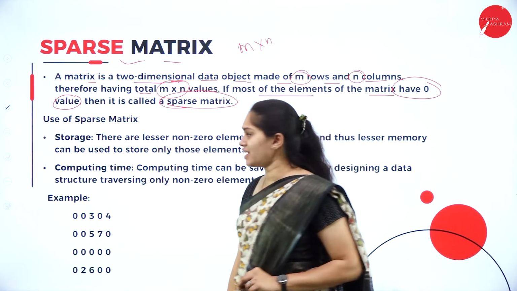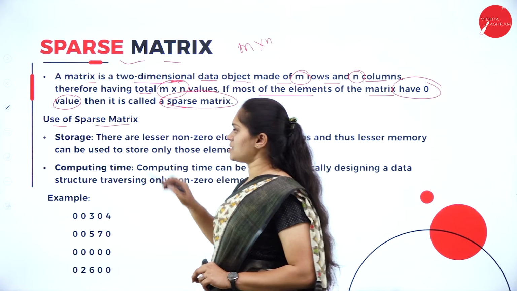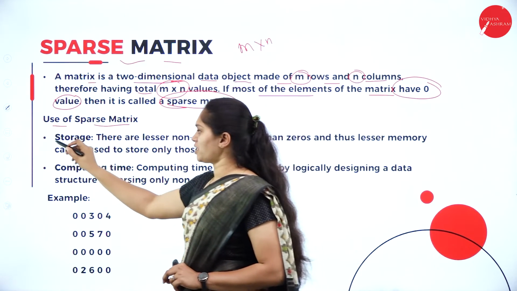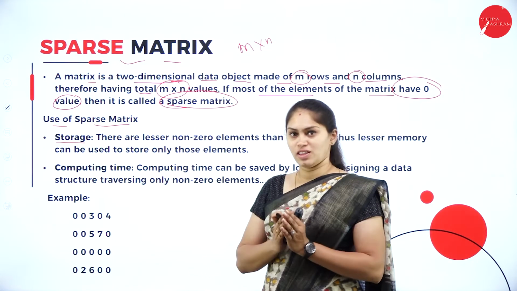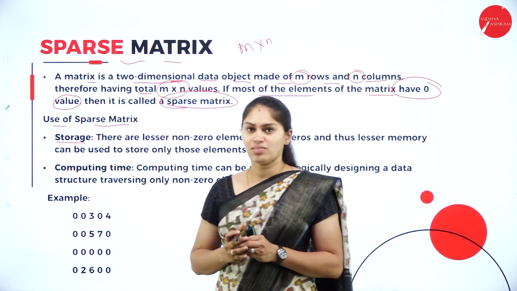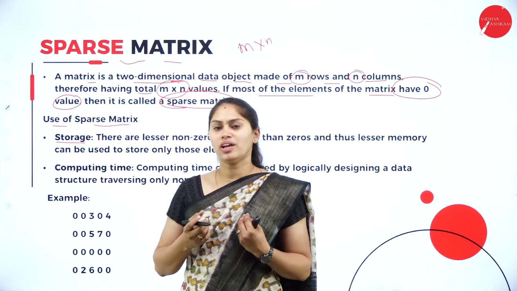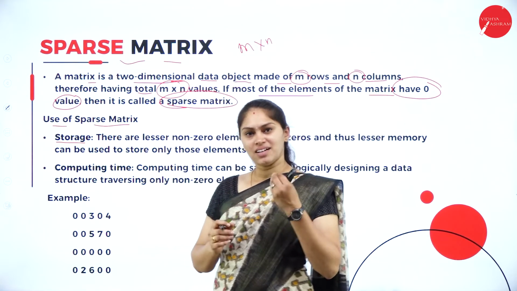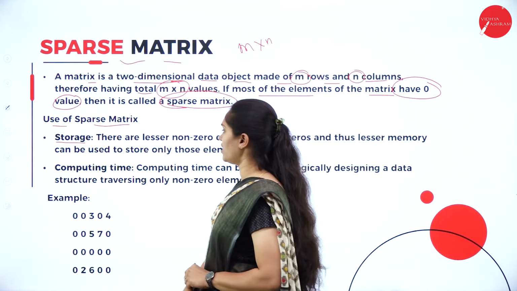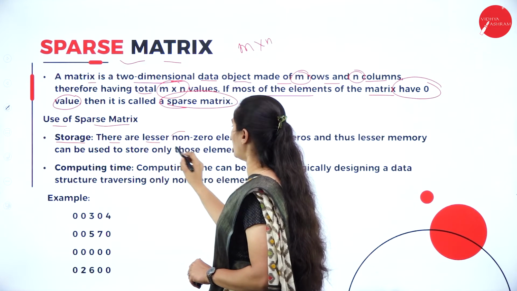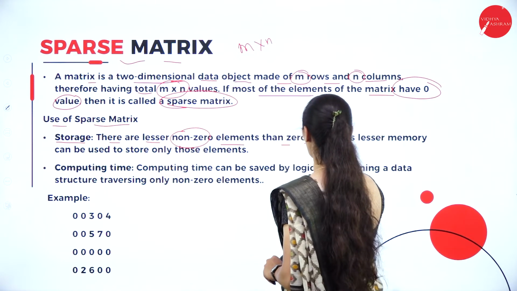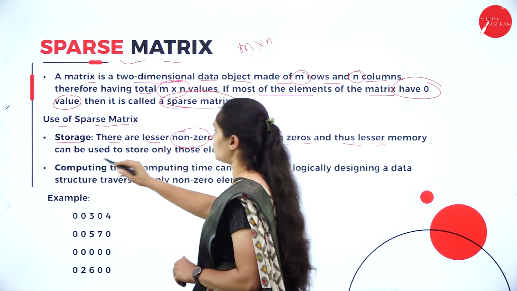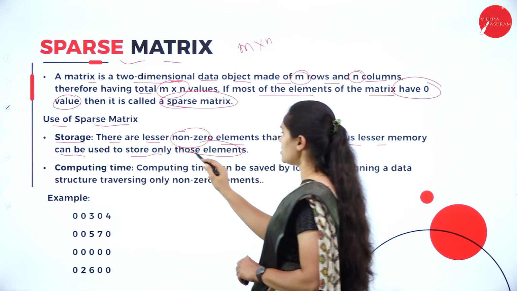Then what is the advantage or use of the sparse matrix? Mainly with respect to storage. In order to store non-zero values, that is integer values, it will require more memory space. If I am storing only 0, then it will require less memory space. So here, if there are fewer non-zero elements than zeros, lesser memory can be used to store only those elements.